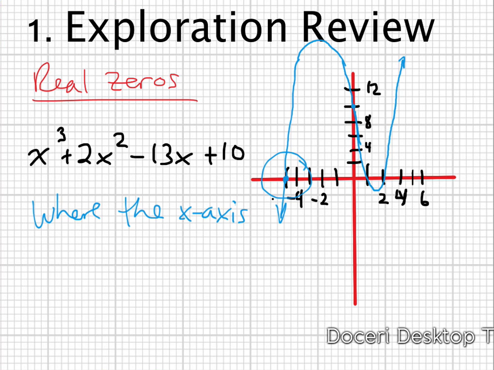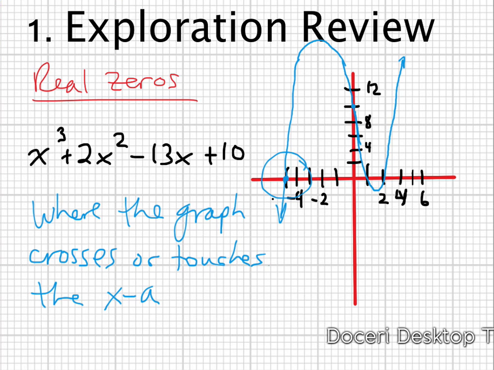Another thing about real zeros, when you're looking at the graph, you look at when it crosses or touches the x-axis. So I should say where the graph crosses or touches the x-axis. Okay? So that's what it means to be a real zero in terms of the graph.